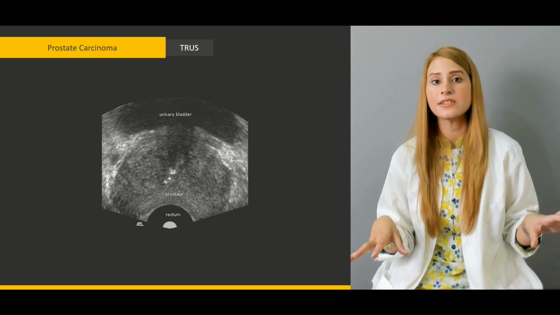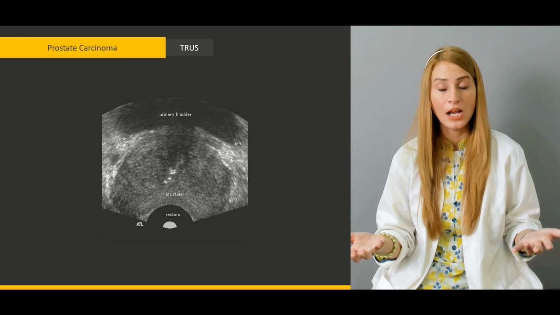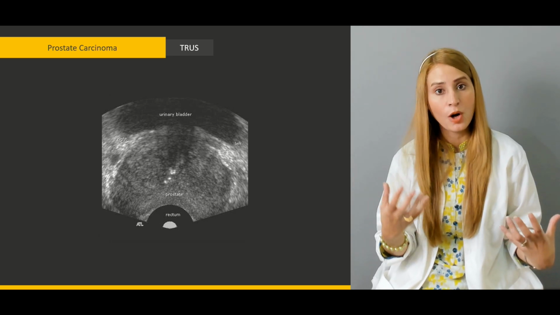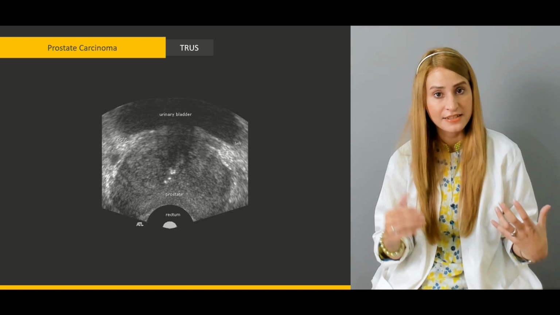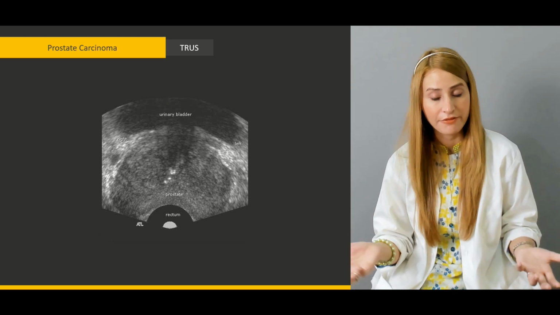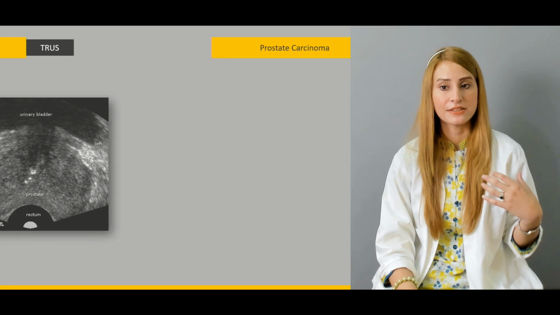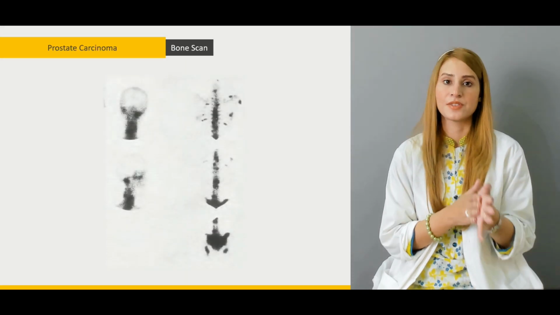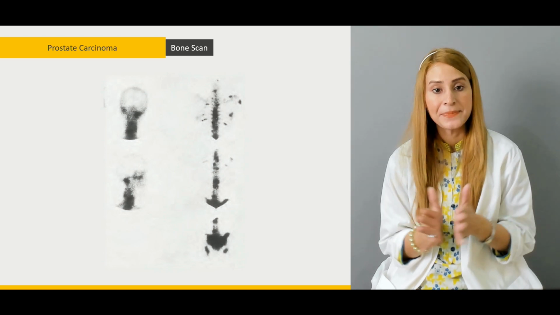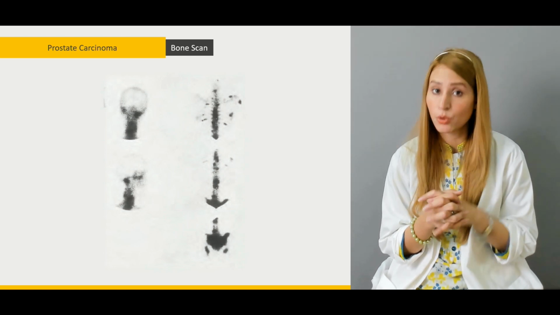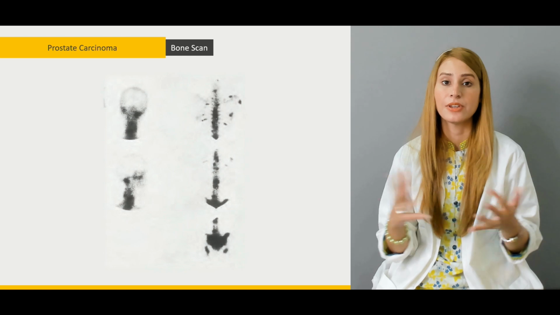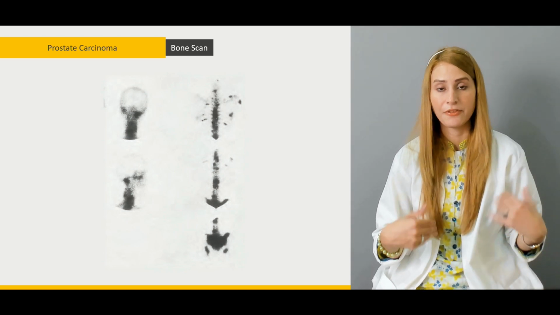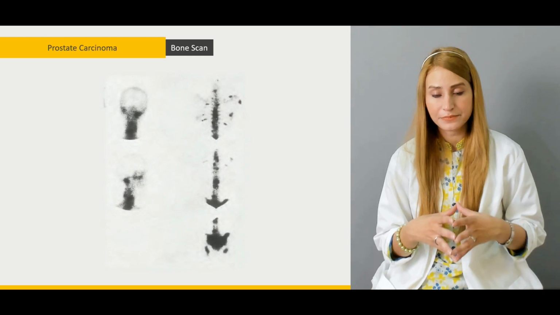The transrectal ultrasound helps you with the staging of the tumor, like whether it's involving less than 5% or greater than 5%, and whether it's involving the rectum or not. So that's why transrectal ultrasonography is very important. And at the end, the bone scan, because prostatic cancer is notorious for metastasizing to the bones, especially the lower lumbar vertebrae, the ribs, the spine, and the pelvic bone.